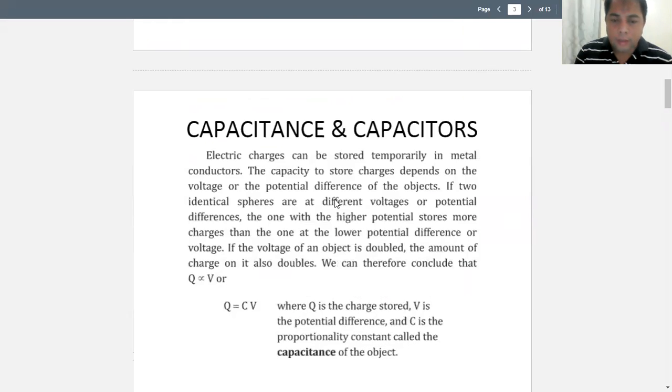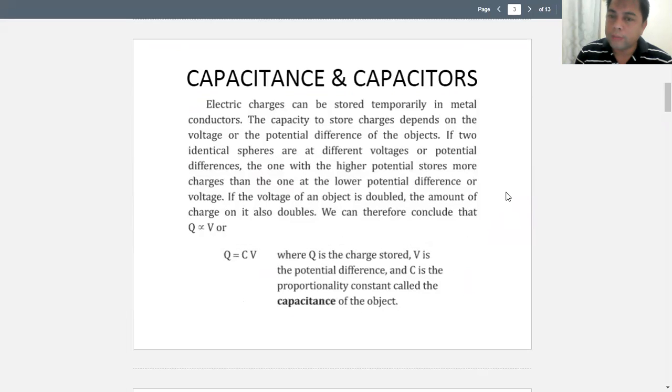Now, capacitors are devices that temporarily store electric charges. What we will encounter later on are two metal plates or metal conductors. Our first understanding of metals is that they are not able to store charges, because if you hold the metal, the charges will eventually transfer to our hand.